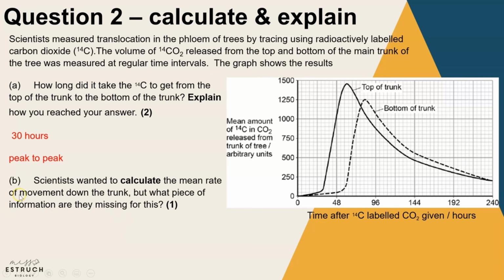However, they've also stated it's the movement down the trunk. So that is the missing piece of information, the distance, which is the movement down the trunk. So it was the length of the trunk or the distance of the trunk. So overall, the units would be the volume of carbon dioxide, so that's our product, per distance, per unit of time, which in this case would be hours.